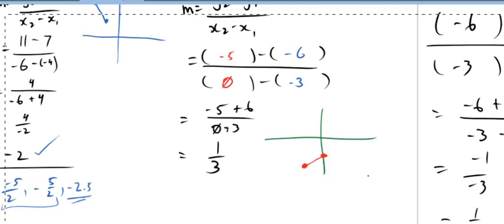Same answer. See, so it doesn't matter which point you start with, but you have to have the point above itself. If you crisscross, then your sign will be wrong. As long as you're consistent, it'll work out. If you know how to use negatives and that kind of thing. What do you think?